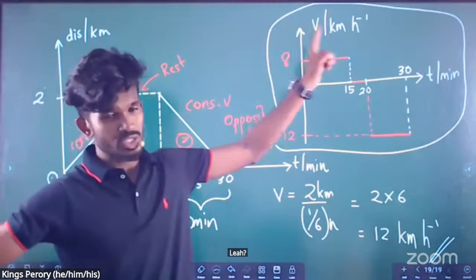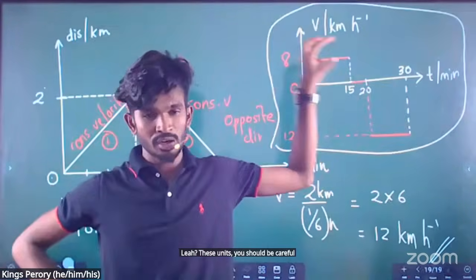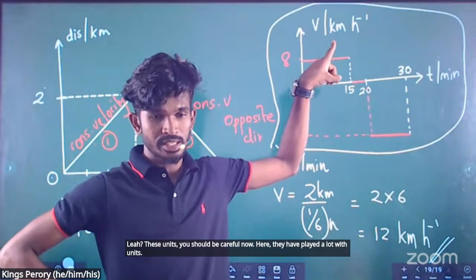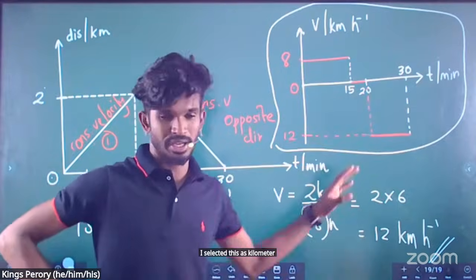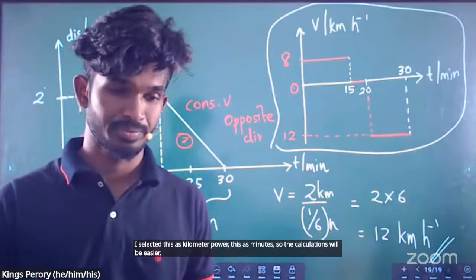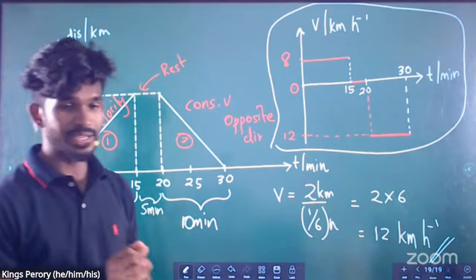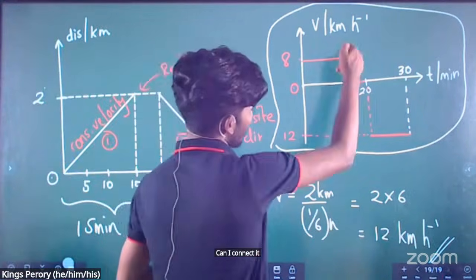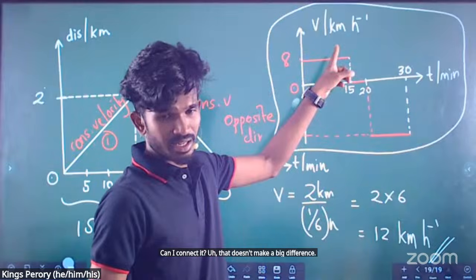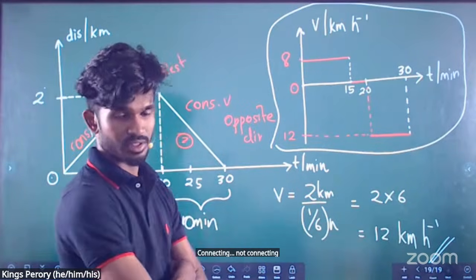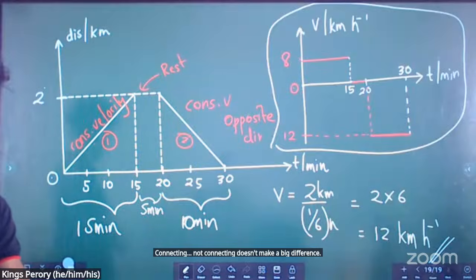You should be careful with these units. Here, they have played a lot with units. I selected this as kilometer per hour, this as minutes, so the calculations will be easier. Can I connect it? That doesn't make a big difference. Connecting or not connecting doesn't make a big difference. You can connect it, no problem.